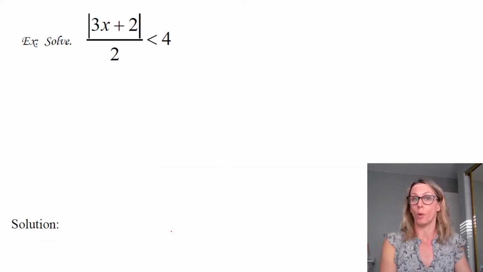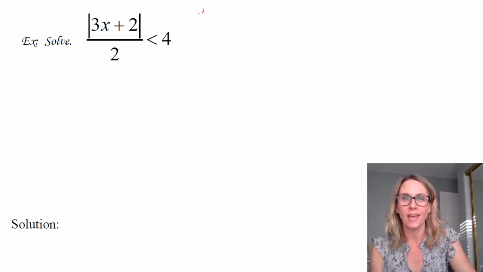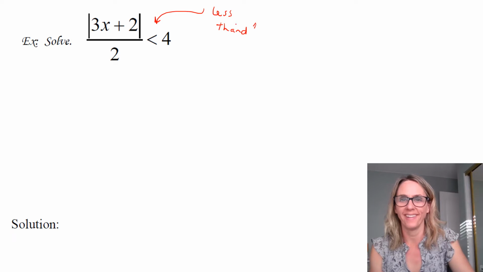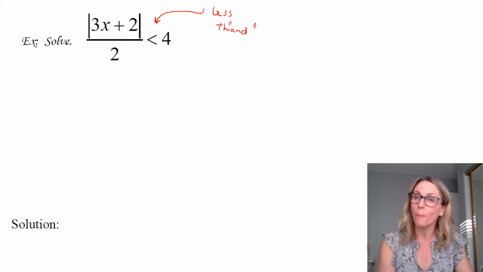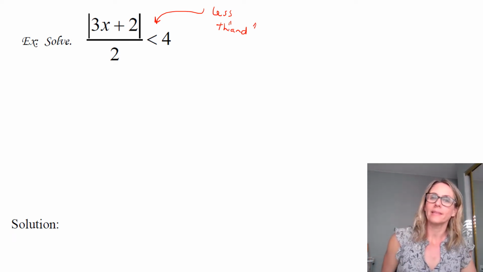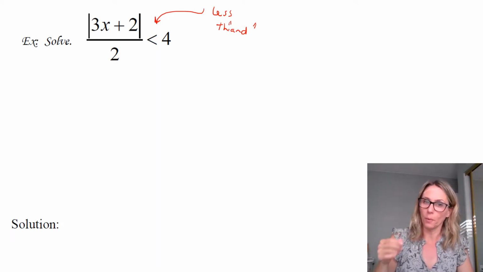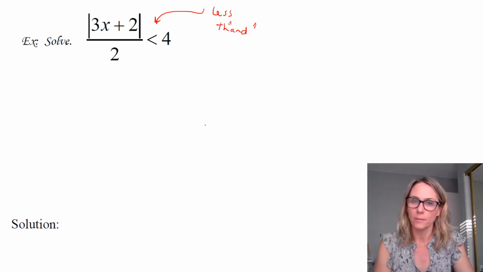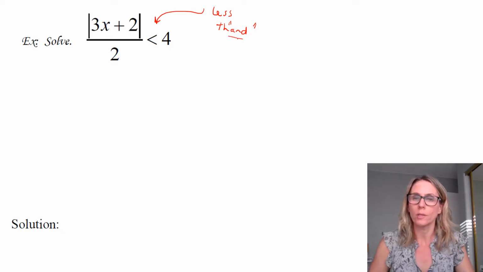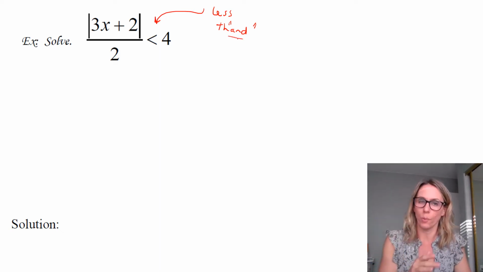Now here's the other situation. In this case, we have less than, I know that looks weird, but it's on purpose. So we have less than. When you have a less than symbol, think "less than," which should trigger you to say, okay, I have an "and" situation.